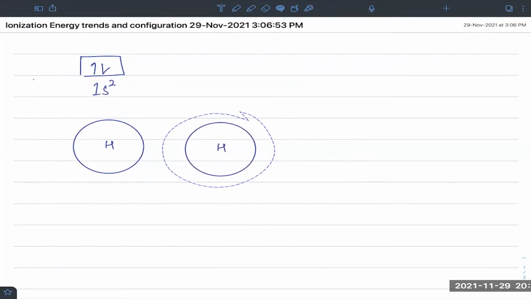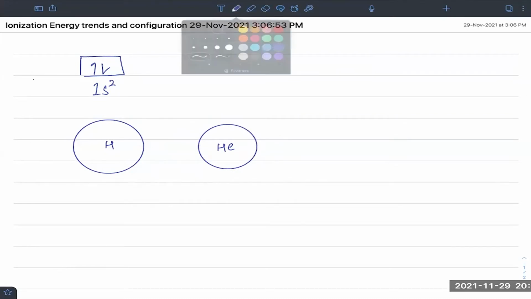Because of two protons, the size is going to be slightly smaller because these protons are going to pull on this electron much more than the one proton pulls the electron in hydrogen. That's one. So because the distance decreases, the ionization energy increases, it pulls it more.